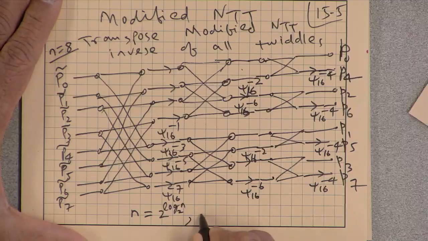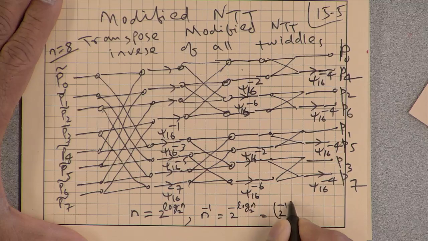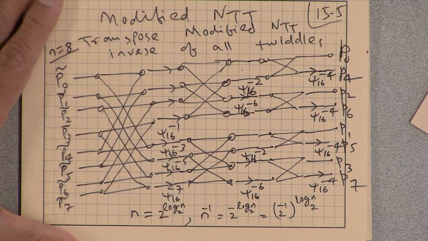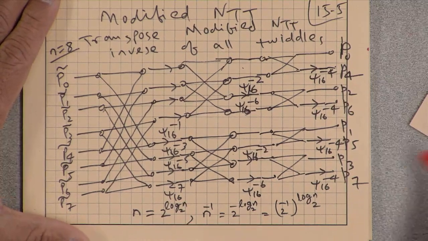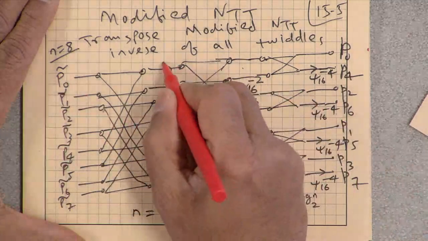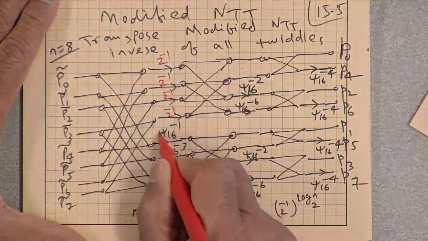Okay, so n inverse is going to be 2 to the power minus log n to base 2, which I can write as 2 to the power minus 1 raised to the power log n to base 2. So all I really need to do is multiply 2 to the power minus 1 log n times. If n is 8, log n is 3, I have 3 stages. So multiply 2 to the power minus 1 at every stage.